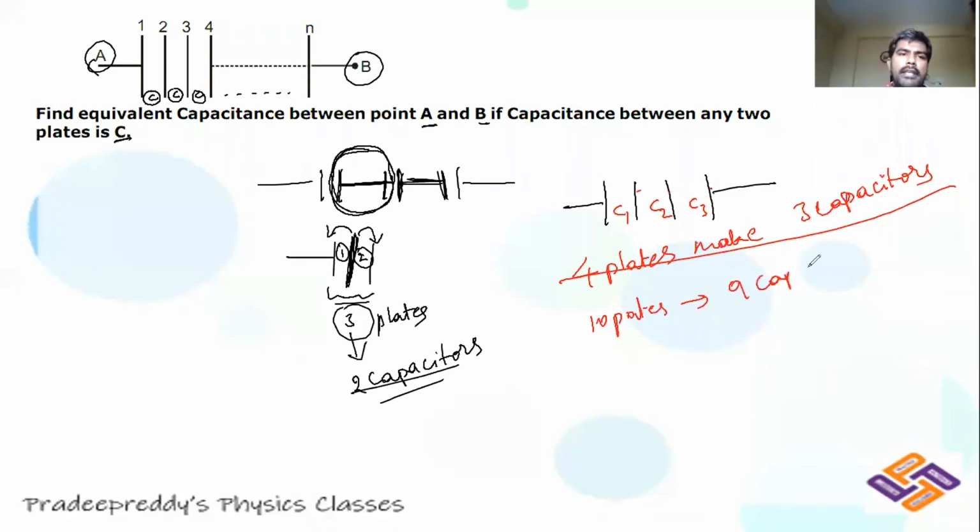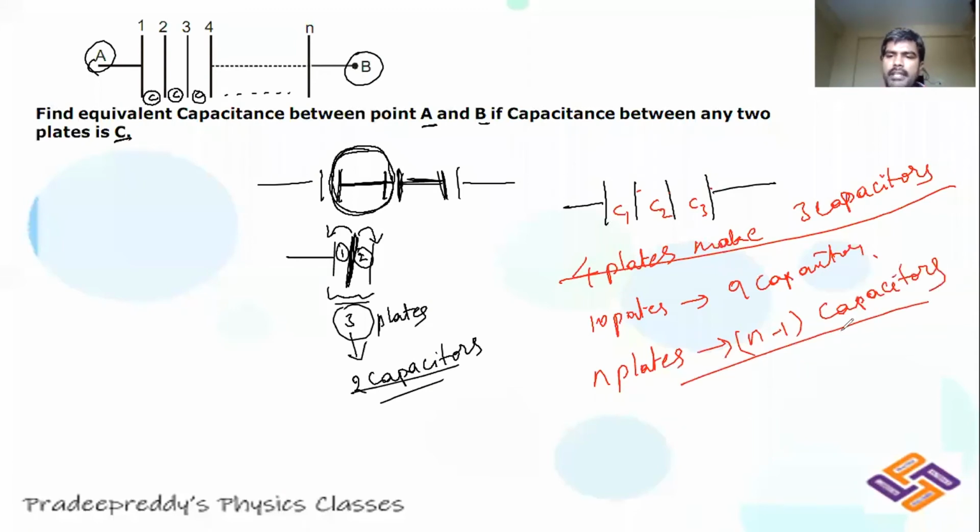Fine. How many plates are there in this question? In this circuit given over here, there are n number of plates. N plates make how many capacitors? N minus 1 capacitors. N plates make n minus 1 capacitors.